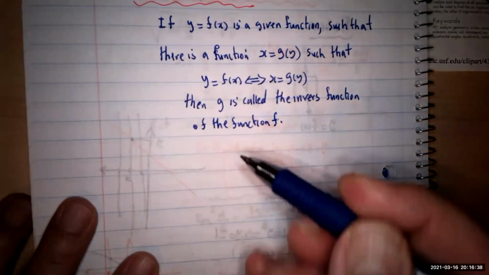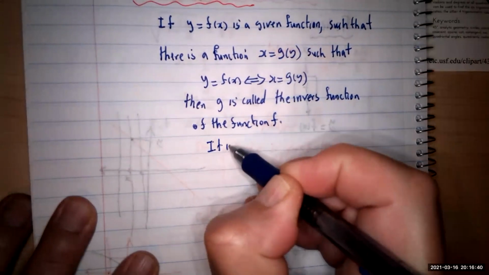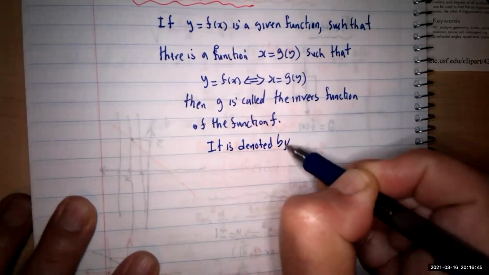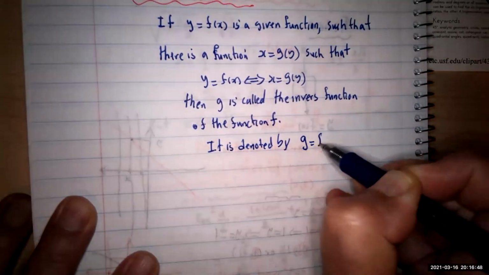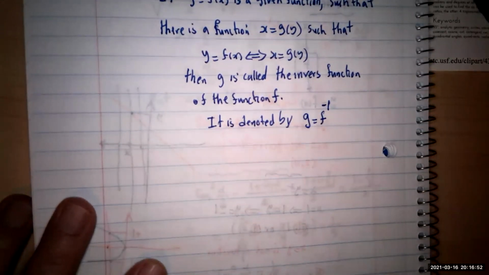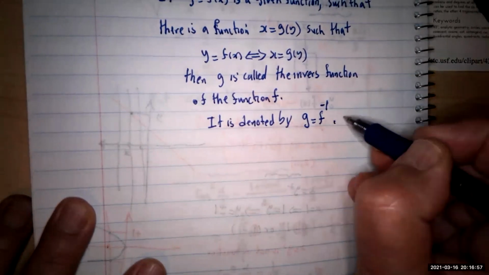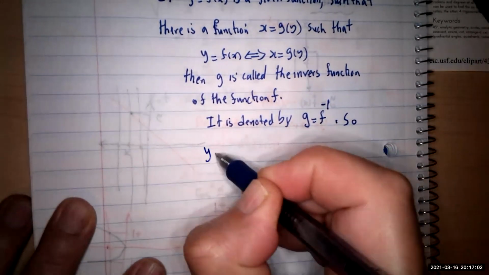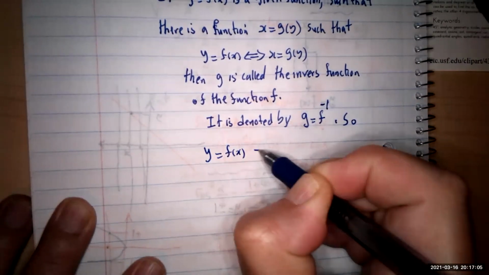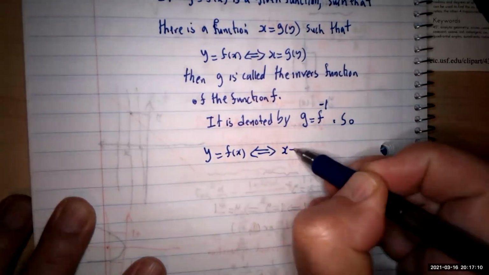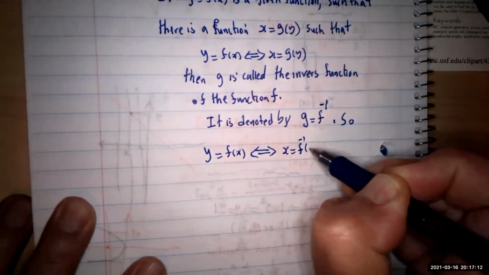It is denoted by g is equal to f inverse. It's just a name, it's not a power. So this is the definition of the inverse function. y is equal to f of x if and only if x is equal to f inverse of y.